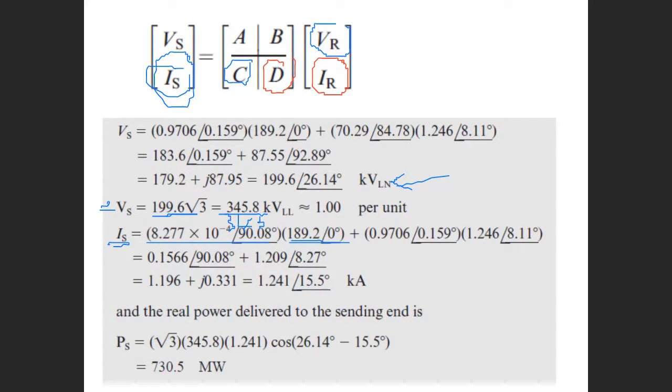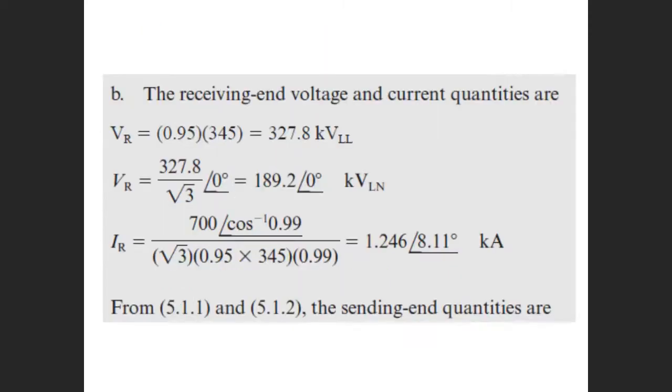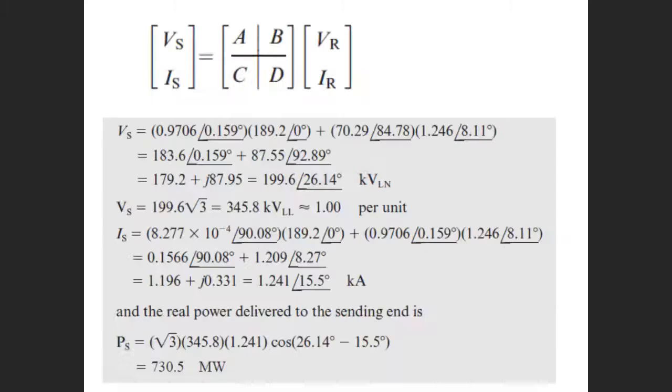Okay, then you will get IS 1.241. Compare this IS with IR, 1.246 IR, while IS is 1.241. But the angle is different.